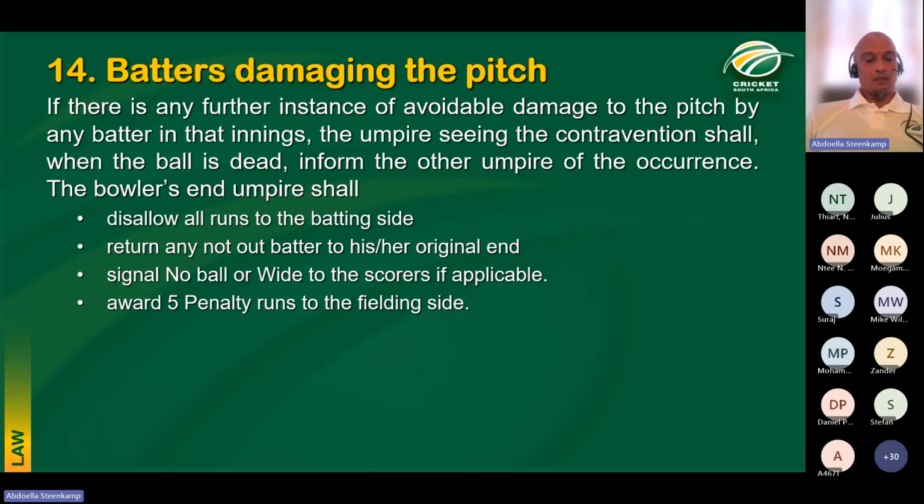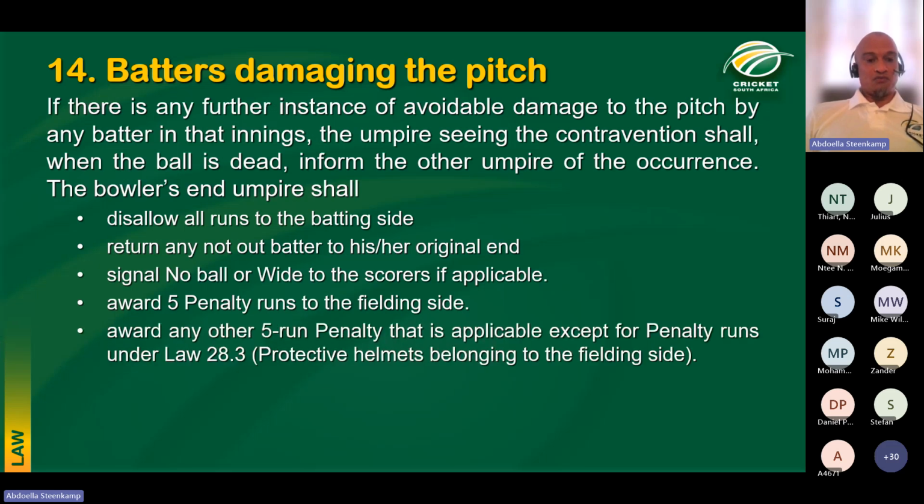Award 5 penalty runs to the fielding side. Also award any other 5 penalty runs that may be applicable, except if the ball should hit the protective helmet that was placed behind the keeper by the fielding side. The umpire then needs to inform everyone, and this needs to be reported to the governing body of cricket for that particular competition.